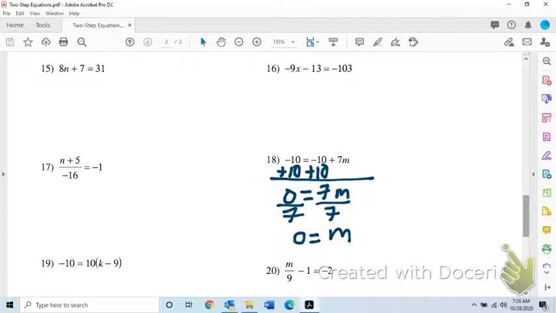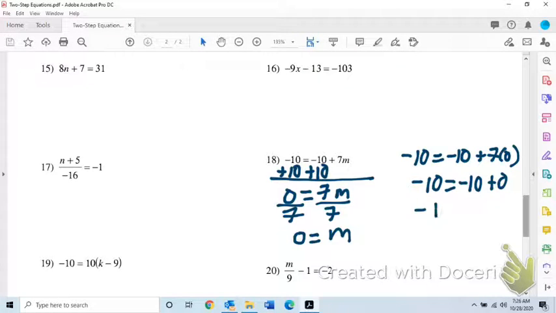So again, when you get a 0 as an answer, that's a little tricky. So what I like to do is go back, check my work, plug that 0 in, make sure it is true. 0 times 7 is 0. So that gives us negative 10 equals negative 10. Yep, that is 100% true, so we're good to go.